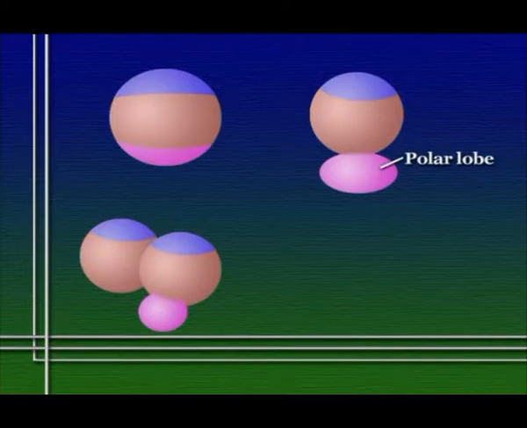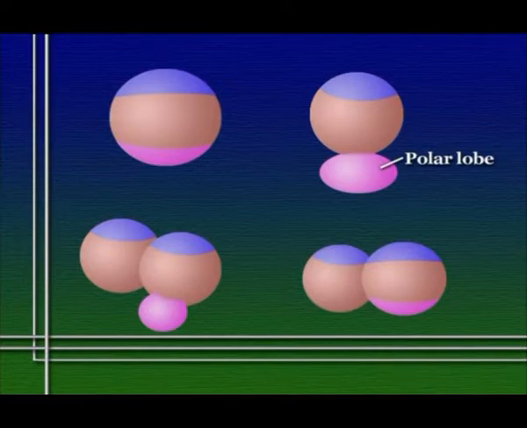That polar lobe gets reabsorbed into the rest of the cell. After this very first division, these two cells that result can no longer develop into entire organisms on their own. The reason for this is because the polar lobe has had a set of maternal determinants sequestered into it, carrying them into only one cell.